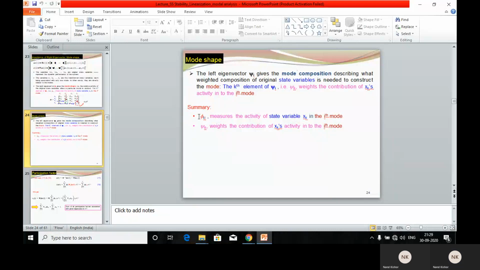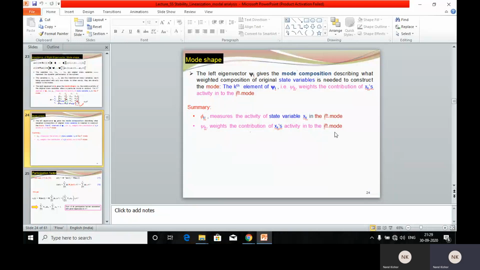So in summary form, the right eigenvector gives the activity of the state variable to the mode. However, the left eigenvector weights the contribution of the given state variable to the ith mode.